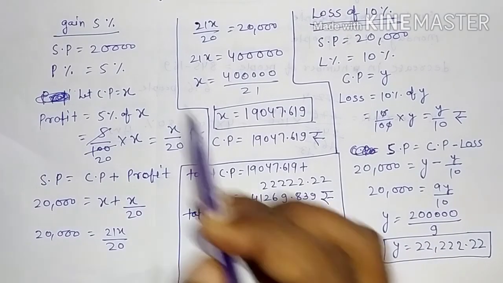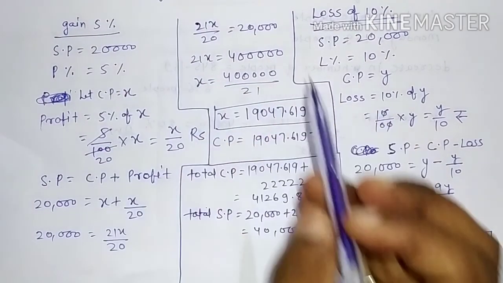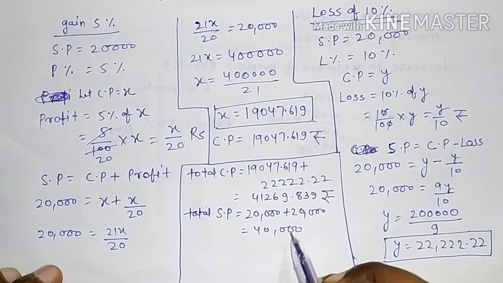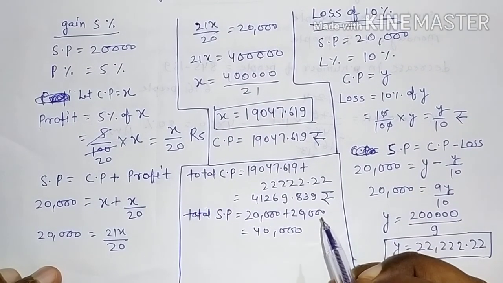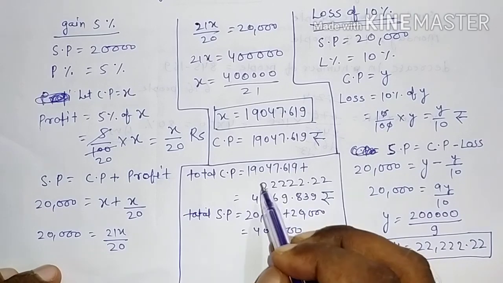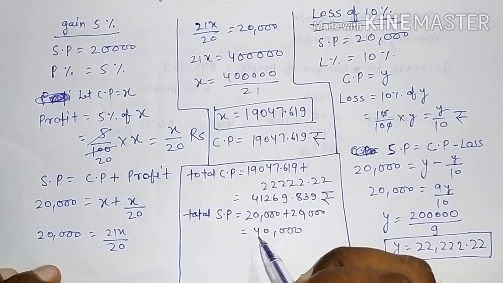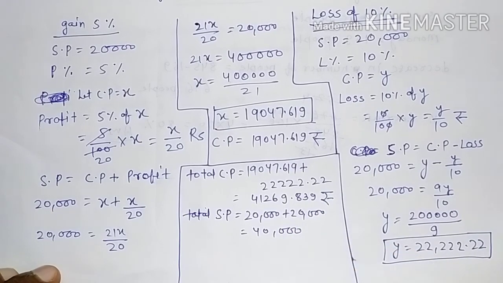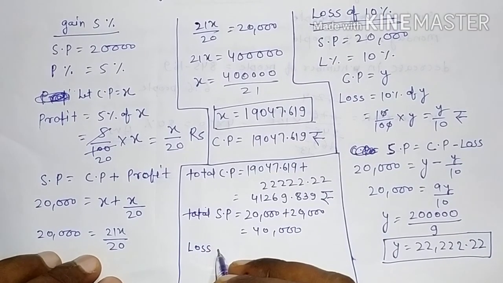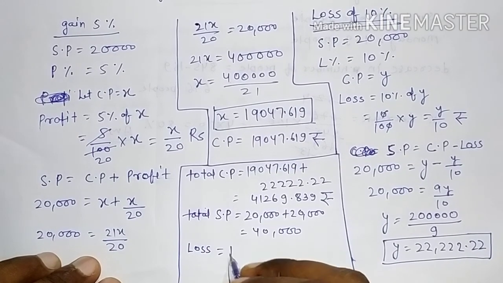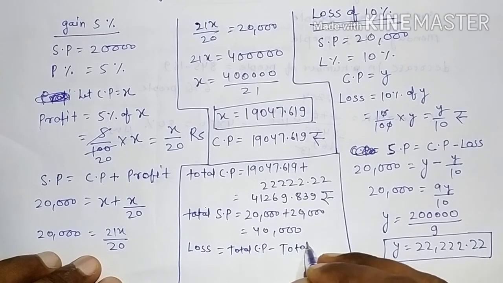So here we have to find the overall gain or loss. So SP is 40,000 and total CP is 41,269 point something. Here CP is greater than SP. That means loss is happening here. So the formula of loss equals total CP minus total SP.